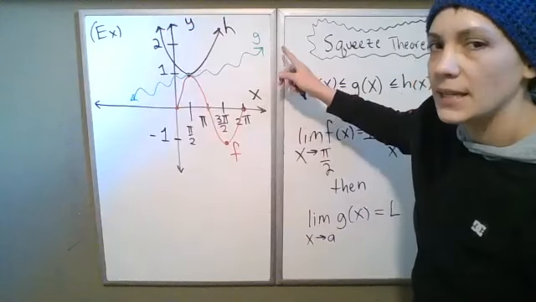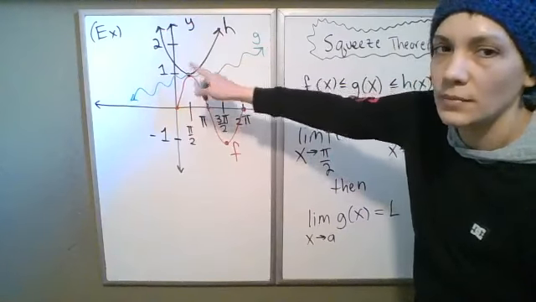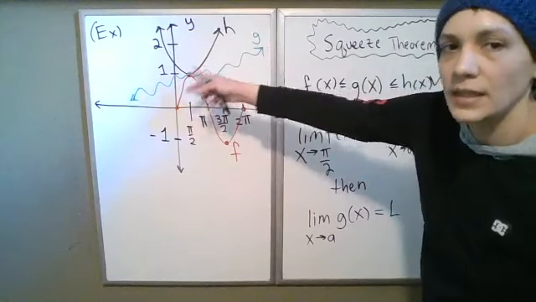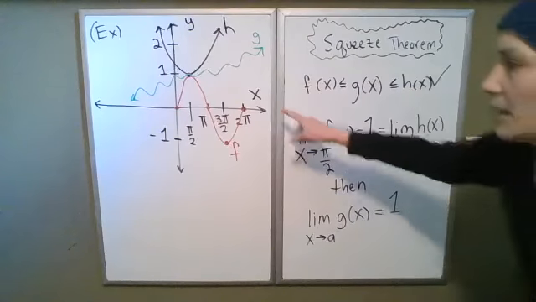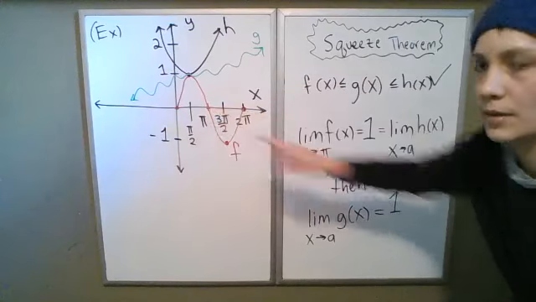G is the squiggly line, a function whose limit is going to be L, the number 1, and that's all happening when x goes to pi over 2.